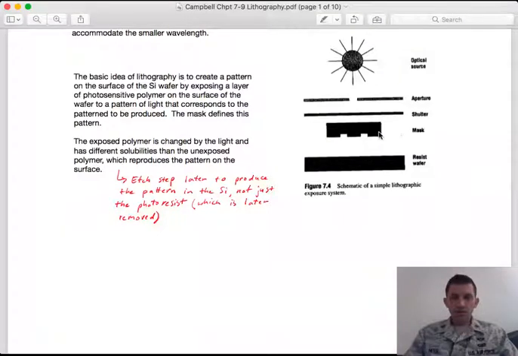The mask has opaque and transmissive regions, so the light shines through some and not others and creates the pattern on the photoresist. That photoresist is chemically changed, so that either the exposed or the unexposed, depending on which photoresist you're using, is then removed, leaving the pattern that existed in the mask on the surface. Then you can dope or etch or oxidize the exposed silicon and not that which is covered by the photoresist.